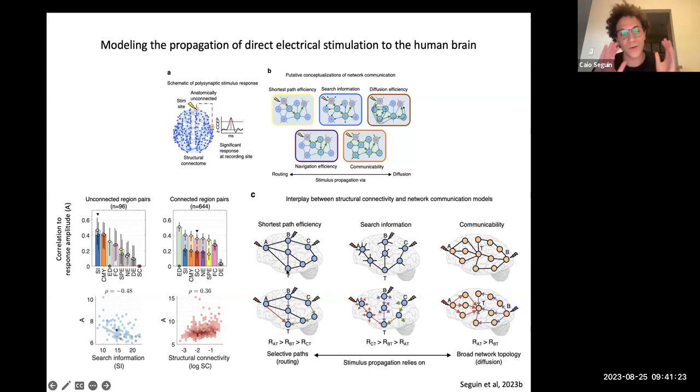If this stimulus is being propagated exclusively via the shortest path in the network, we would predict that the response after stimulating A would be stronger than the response after stimulating B and the response after stimulating C, because A has a very short path, B is two hops away, and C is three hops away.